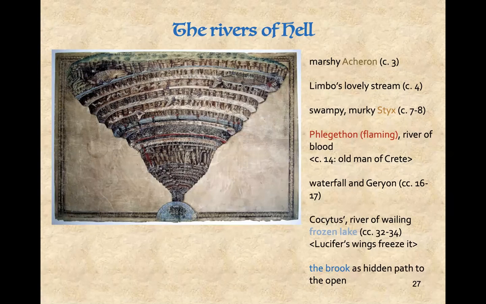And in this frozen lake is where the traitors are trapped. And the freezing of the waters is caused by the wings of Lucifer.